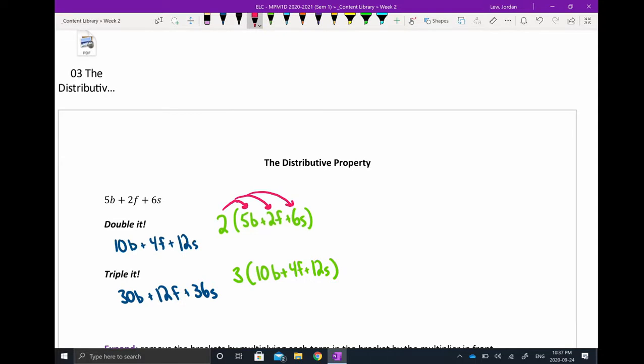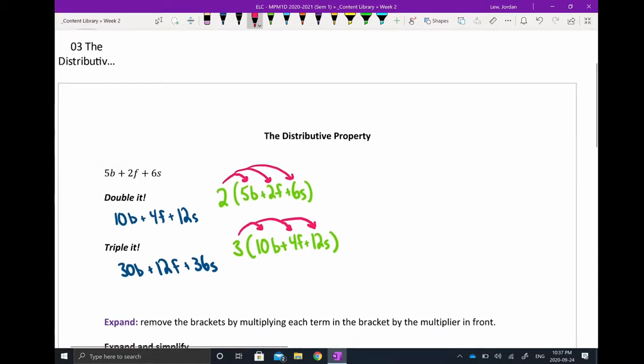And again, mathematically, the calculation we're doing is 3 times 10b plus 3 times 4f plus 3 times 12s. And that's an example of the distributive property.